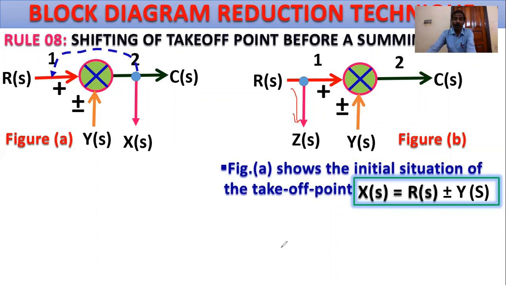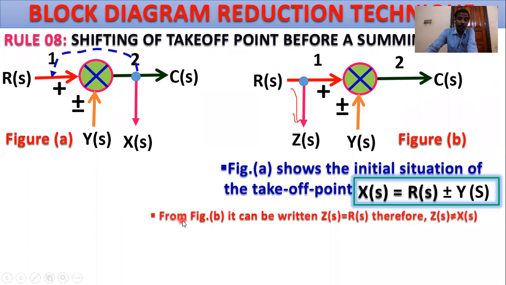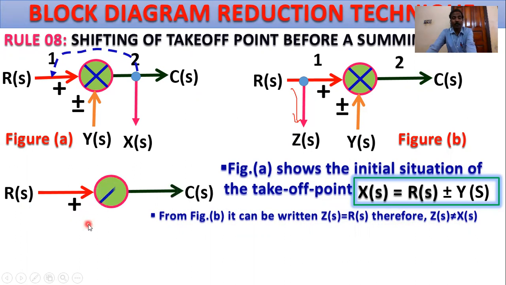But from the actual calculation in figure B, Z(s) can be written as R(s). Therefore, Z(s) does not equal X(s). Then the equivalent circuit: R(s) plus, this is the summing point or comparator, and this is the controlled output C(s). Another input is Y(s).